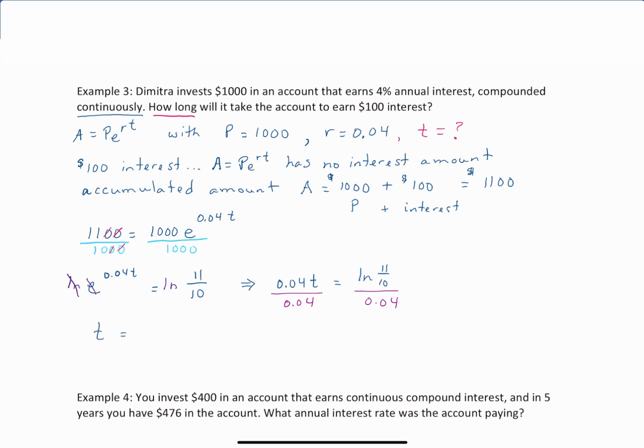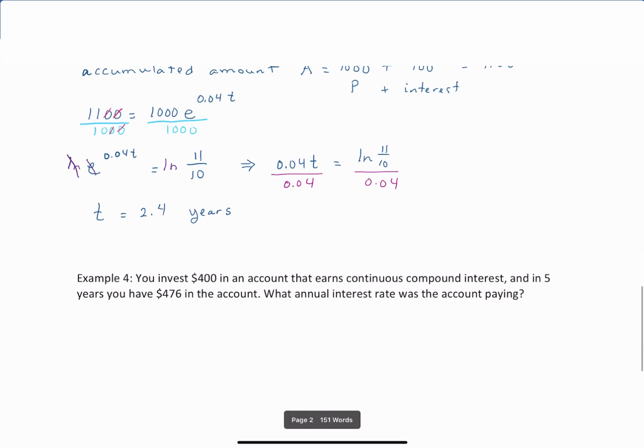And that tells us that t is, using a calculator at this point, obviously, 2.38, I'll call that 2.4. And these are always in years because our annual interest is given in years.